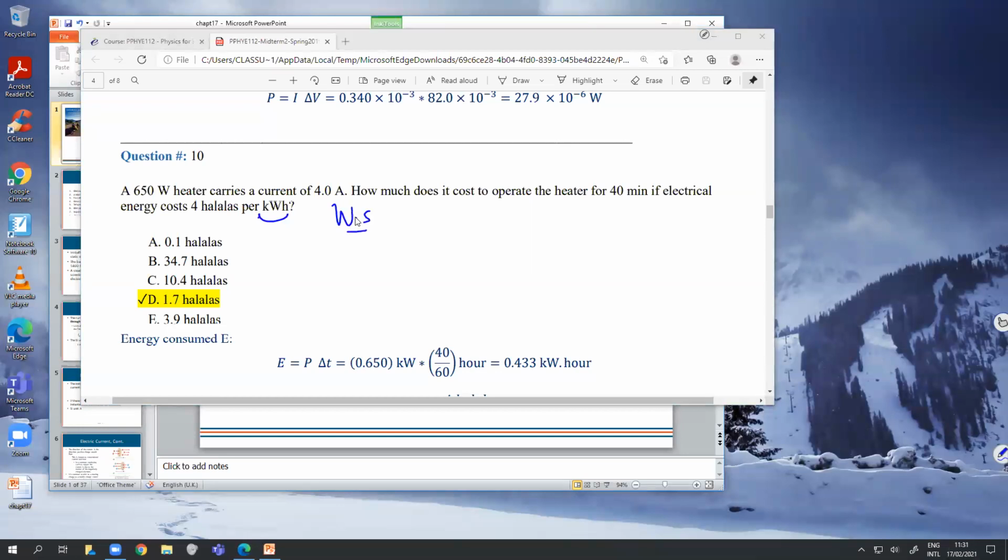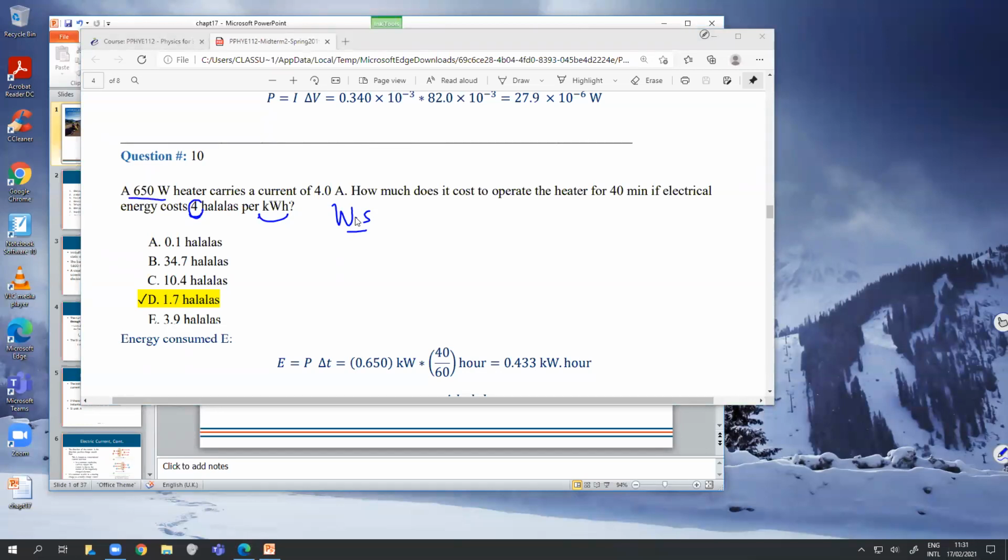So we are given the price. For 1 kilowatt hour, you have to pay 4 halalas, a very small amount. I don't know whether it is the actual cost, but I just put some numbers. It doesn't matter. So how do we calculate that?